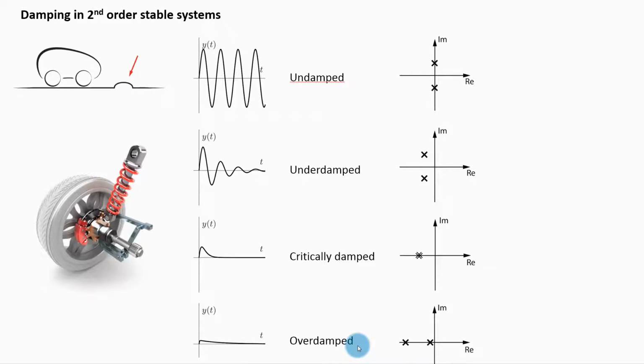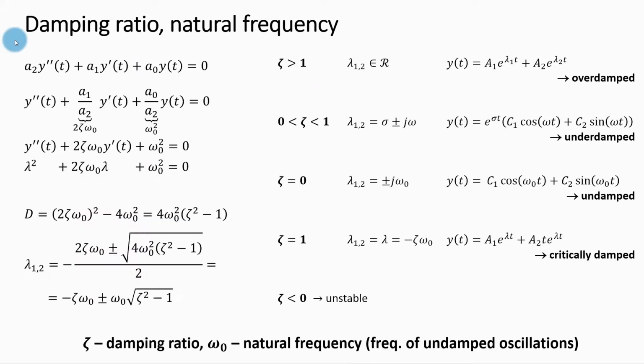In addition to the roots of the characteristic equation, there is another way how to read the type of damping in your system directly from the coefficients of your differential equation. For this, we use the so-called damping ratio, and in addition to the damping ratio, we also use the so-called natural frequency. This is how it works. You take your second-order differential equation with constant coefficients.